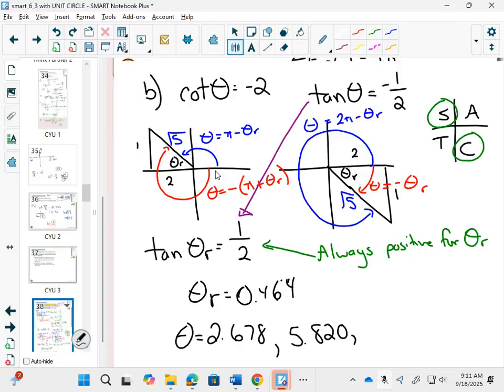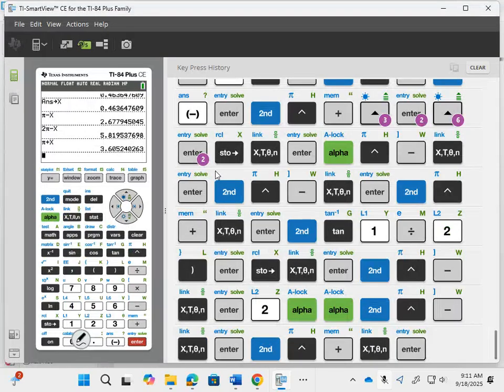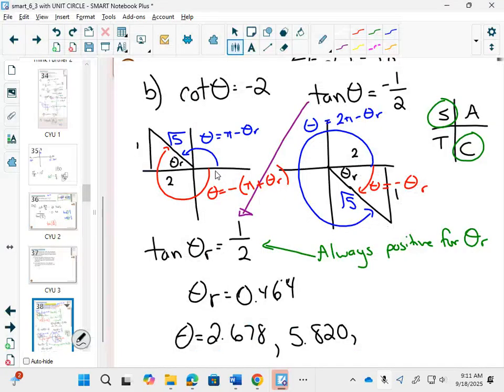The negative angle was 3.605, so I'll write negative 3.605, and finally, the last one is just negative of my reference angle.